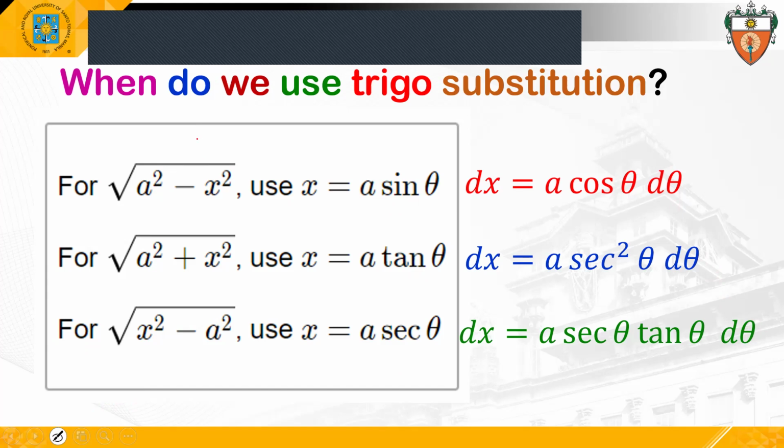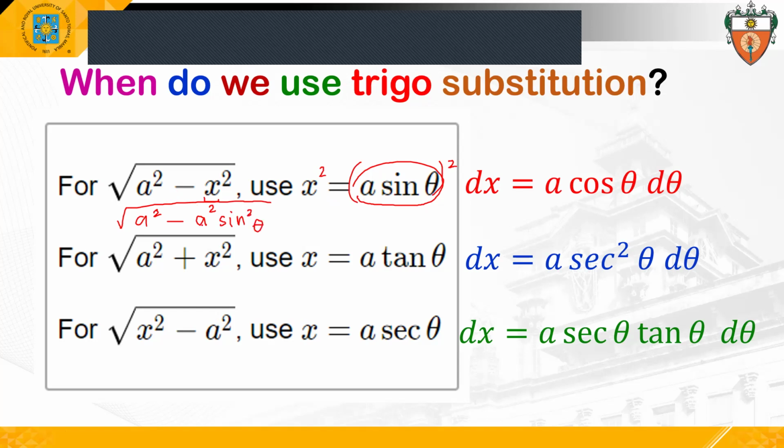If we are to substitute this expression to our x here, kaya trigonometric substitution, what we will have is square root of a squared minus, if we are to square this, diba? So it's like squaring both sides of this expression. So if we are to square this product, that will be a squared sine squared theta.